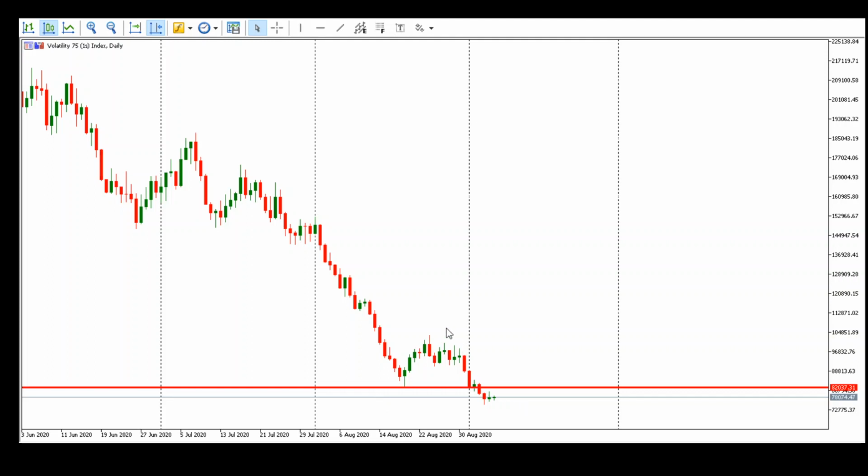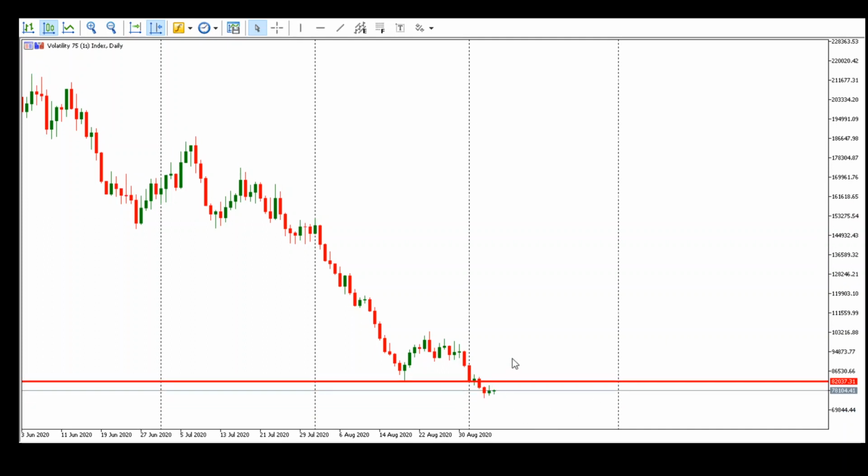So there is no way this market will push up until they break this level and retest it. Until they break this level and retest it, the market will go up. Otherwise, if they don't break it and retest it, you will never see it going up.